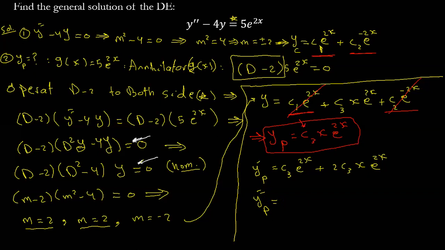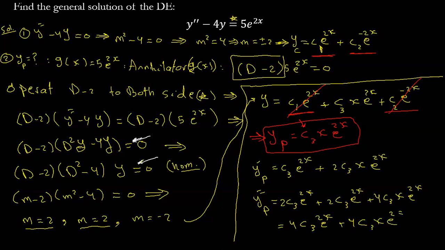So here the second derivative is 2C3 e to the 2x plus 2C3 e to the 2x plus, I'm going to multiply by 2, so it is 4C3 x e to the 2x. Because this term is similar to this, I have 4C3 e to the 2x plus 4C3 x e to the 2x.